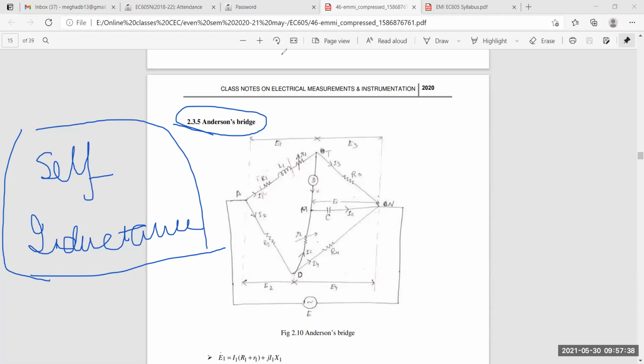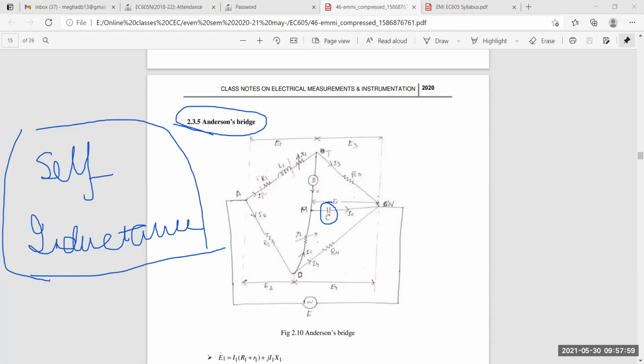So where is the capacitance? This is the capacitance. See, in this branch, C has been connected. So in Anderson, the unknown inductance is compared with the standard fixed capacitance, which is connected between the two arms of the bridge.